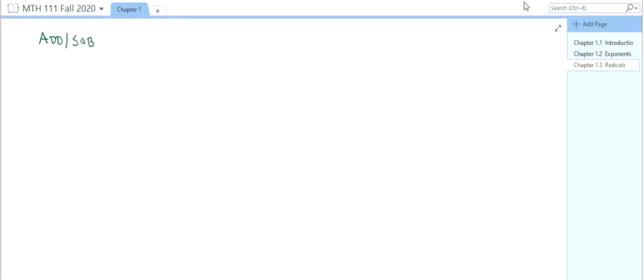So how about adding and subtracting? Say you have the square root of 2 plus the square root of 8. How does this work? Well, you can't add roots unless they're the exact same root, like for example square roots.